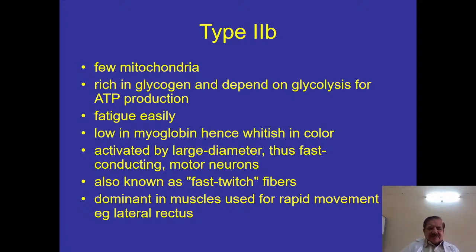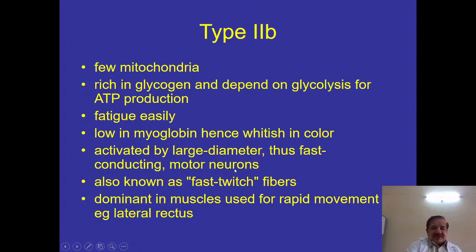They fatigue easily, low in myoglobin. When they are low in myoglobin, oxygen carrying capacity is also less. Hence they are whitish in color because they don't have myoglobin.